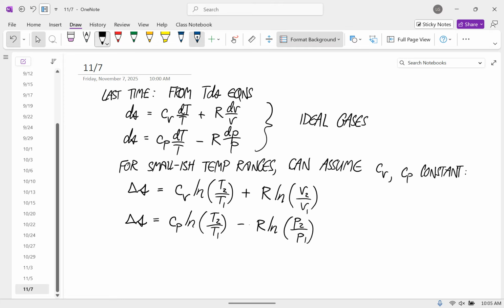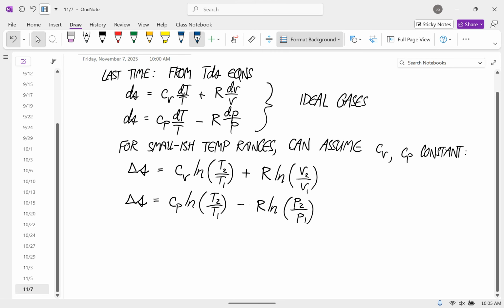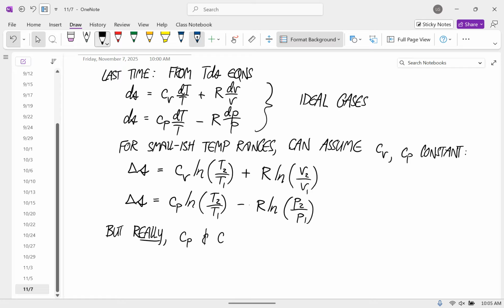So all that is doing those integrals, assuming that the Cps and Cvs are all constant as the temperature changes. But really, Cp and Cv vary with temperature.